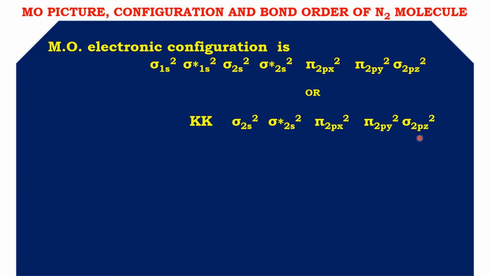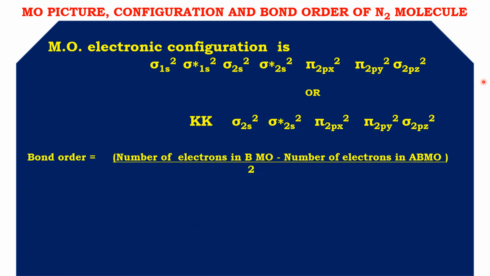Now we have to calculate the bond order. We have 2, 4, 6, 8 and 10 electrons in the bonding molecular orbitals and 2, 4 electrons in the anti-bonding molecular orbitals. Substituting these values, we get 10 minus 4 by 2, which is equal to 3.